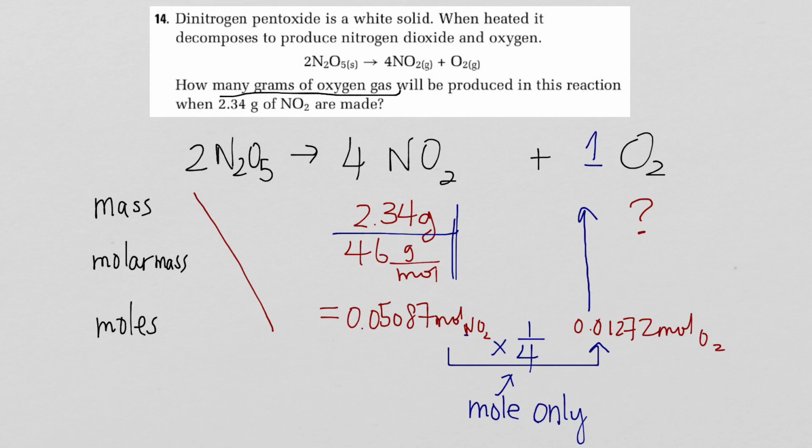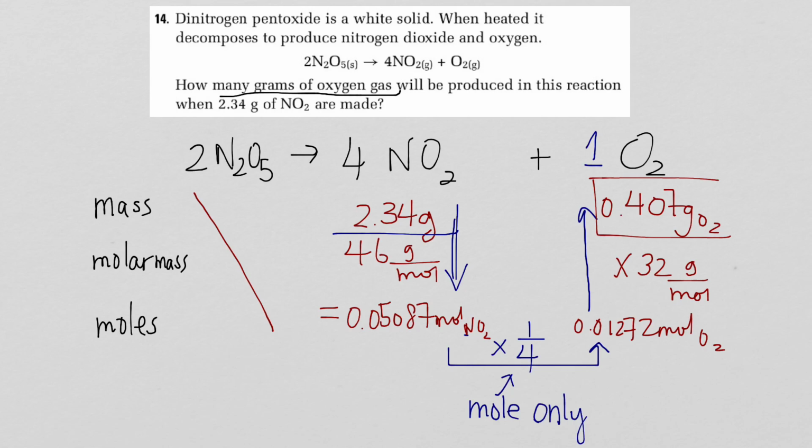Now that we know how many moles we can make, we can multiply by the molar mass. So we'll be going up, we multiply by the molar mass of oxygen to get 0.407 grams of O2, and that is my final answer.